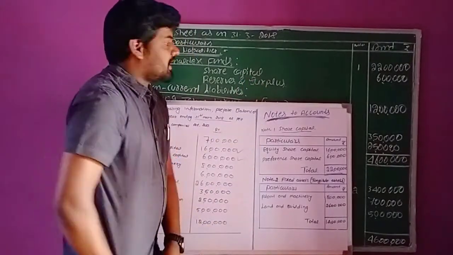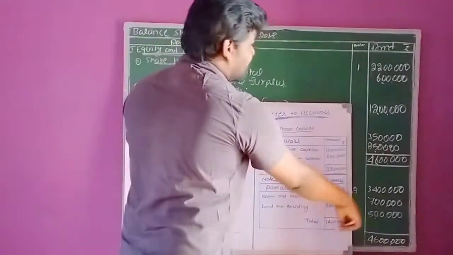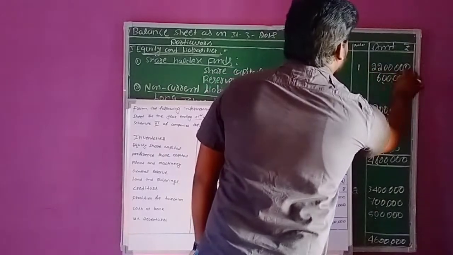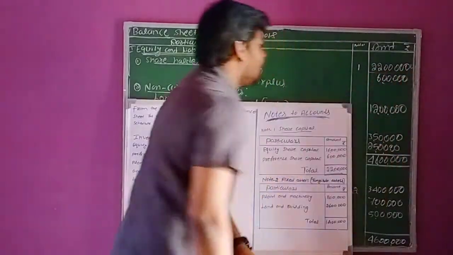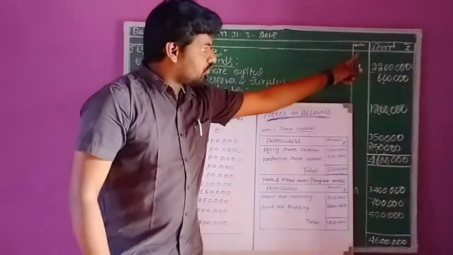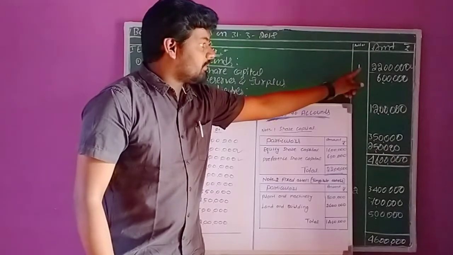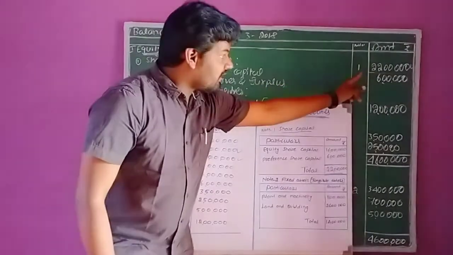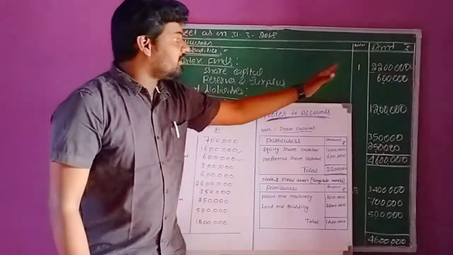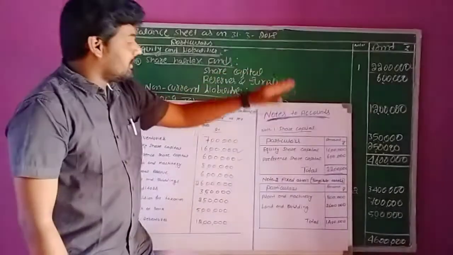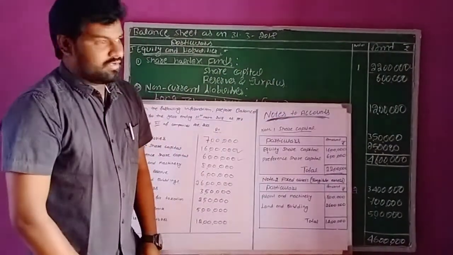What is our total share capital value? 22 lakhs, right? Have to write 22 lakhs rupees. In the note column we need to write note number 1, because the complete and detailed information is contained in the working note only.